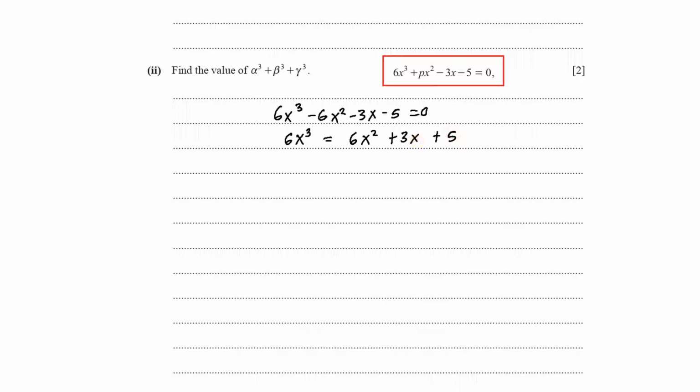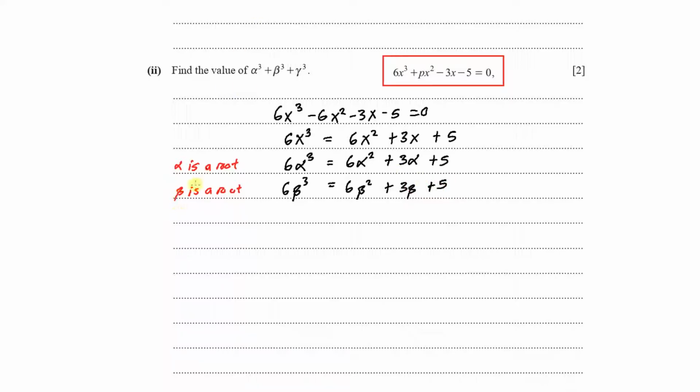And since alpha is a root of this equation, we can say 6 alpha cubed is equal to 6 alpha squared plus 3 alpha plus 5. Beta is also a root of this equation, so 6 beta cubed is equal to 6 beta squared plus 3 beta plus 5.